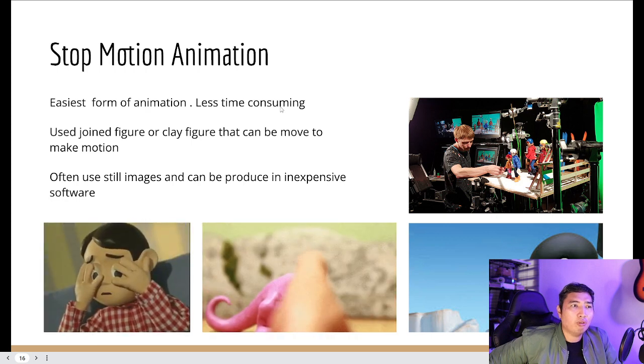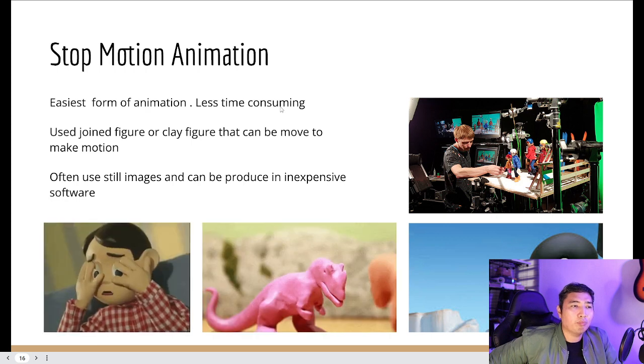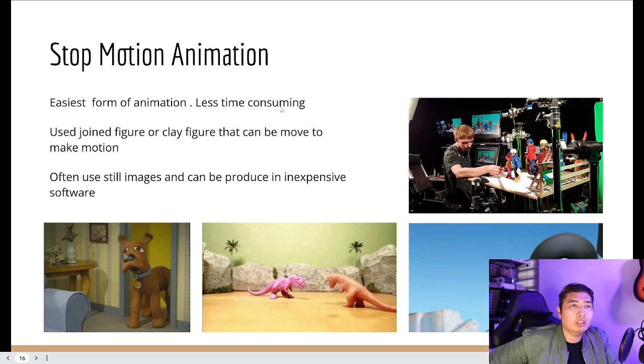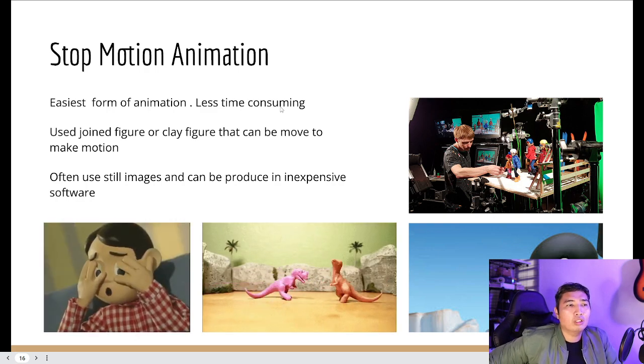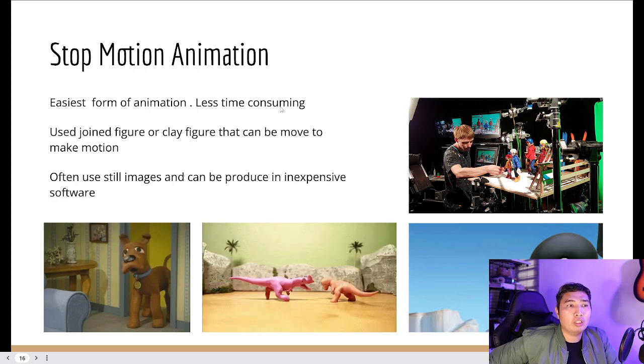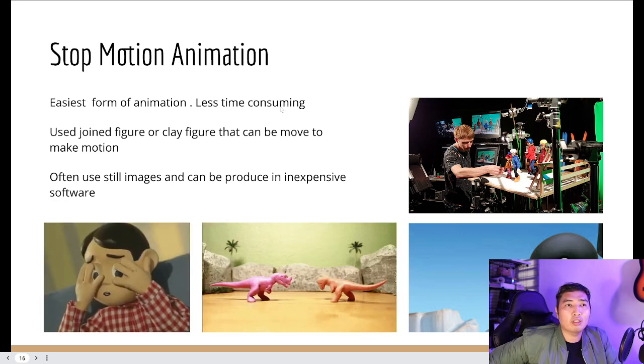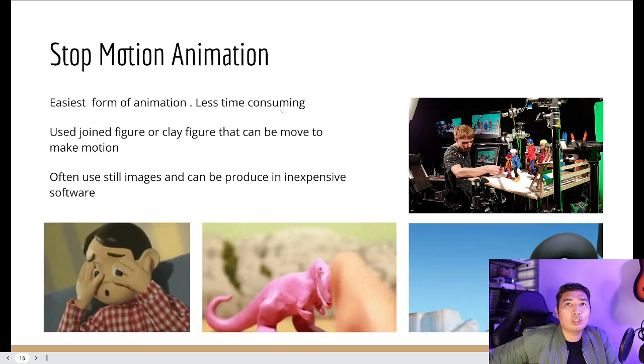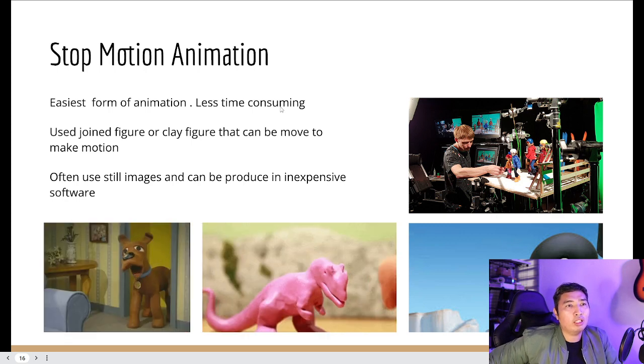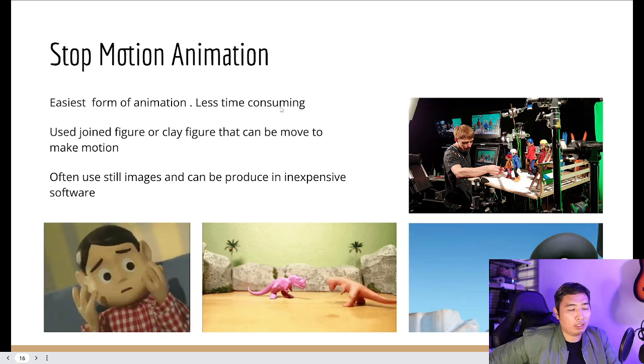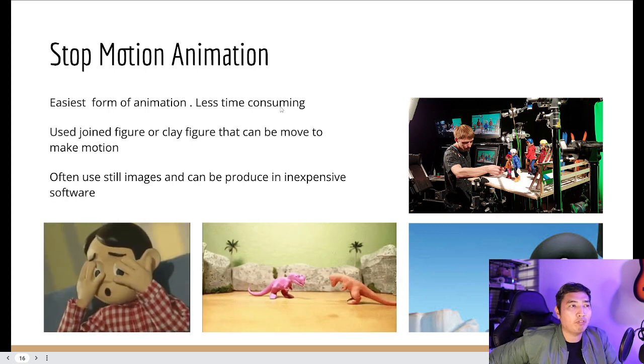Inside the character they will have an armature or like a rig bone that allows the character to be able to move and pose to a certain pose, and then it will capture the image of the character frame by frame.